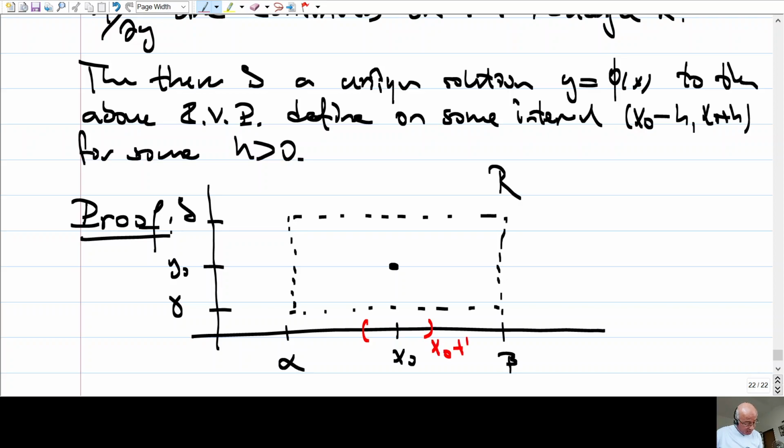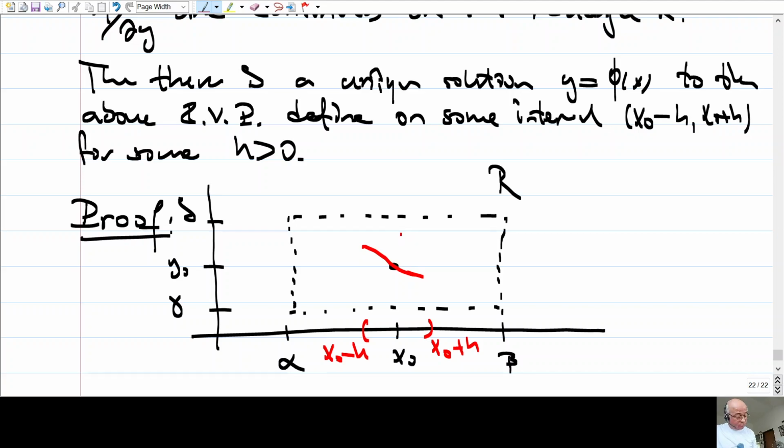This is x0 plus h, this is x0 minus h, and on this interval I have a solution. Even though my coefficient functions were continuous on the whole rectangle, the solution may not be defined on the whole rectangle. It can be a very small interval containing x0, but there is always an interval like this.